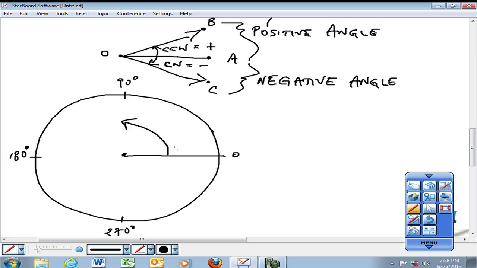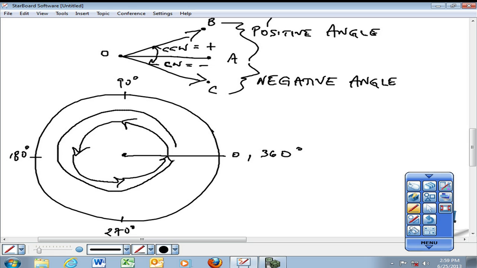I go here, 90, continue the fun, 180, continue the fun, 270, back to, what do we call that? 360 degrees. Note, I'm always going counterclockwise. That's why I'm getting positive 90, positive 180, positive 270, positive 360, or actually 0 degrees, your start point there.